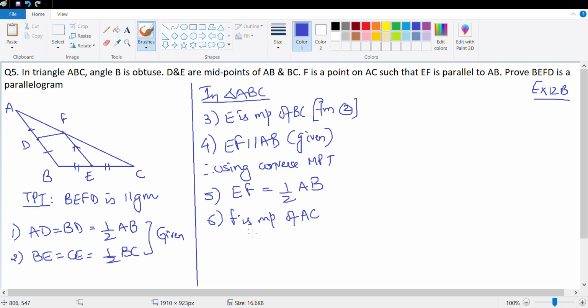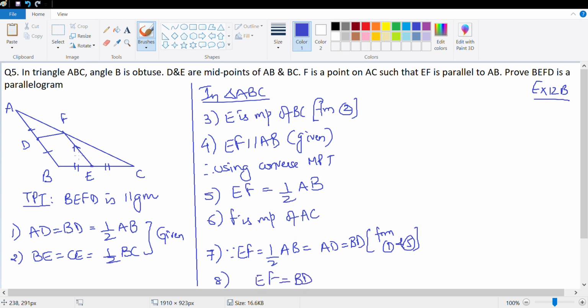Let's see if EF is equal to half AB helps me in solving something. So number 7 would be, since EF is equal to half AB is equal to AD is equal to BD. This is from 1 and 5. What we get is EF is equal to BD. So EF and BD are equal.